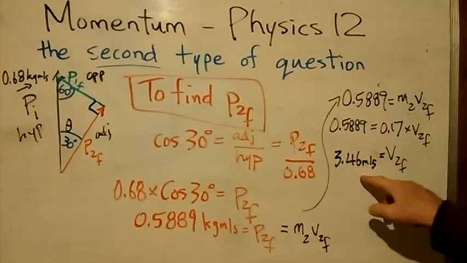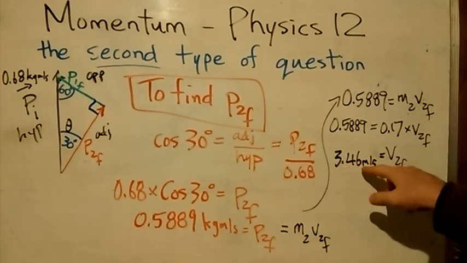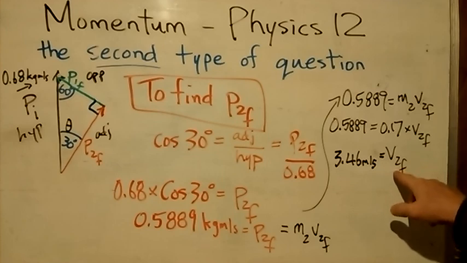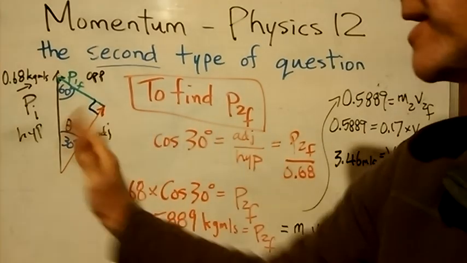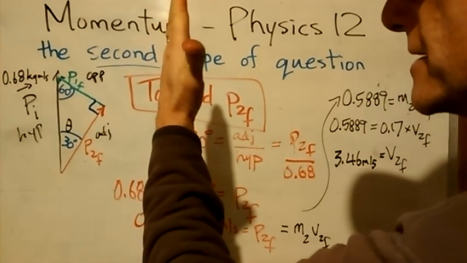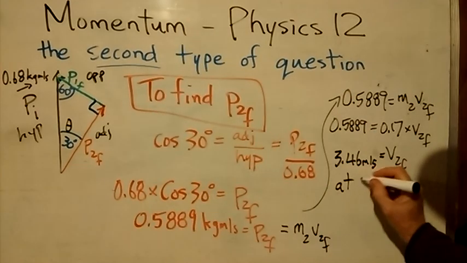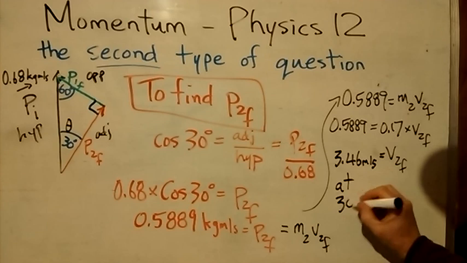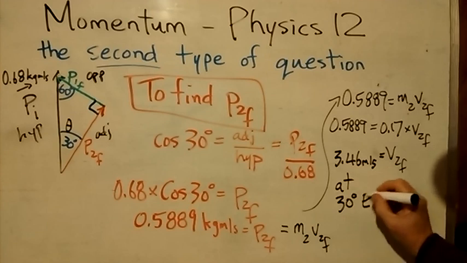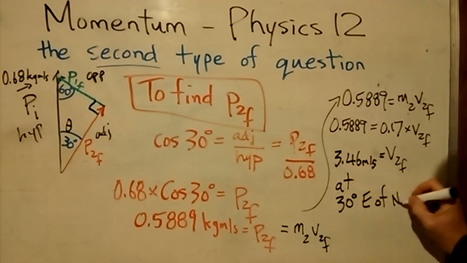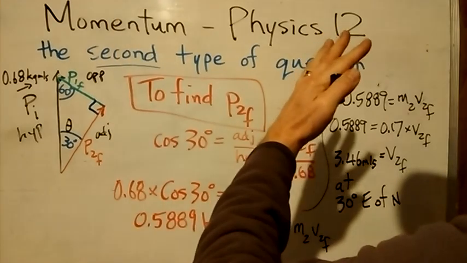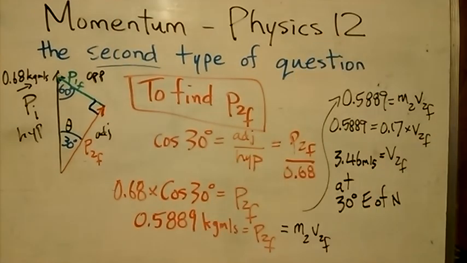And doing the calculator work, we get 3.46 meters per second, and it is in a direction of 30 degrees east of north. So north, 30 degrees east of it. And that is the answer.